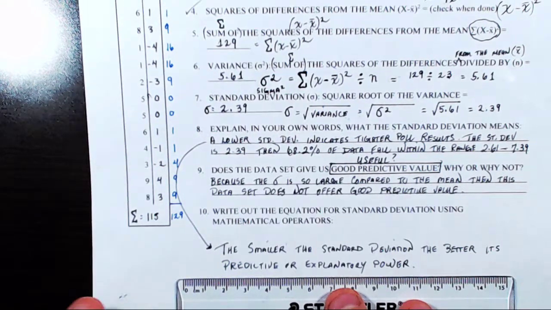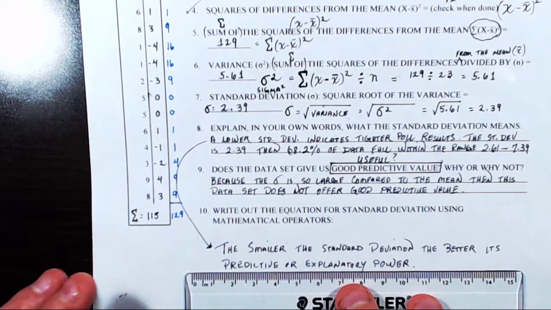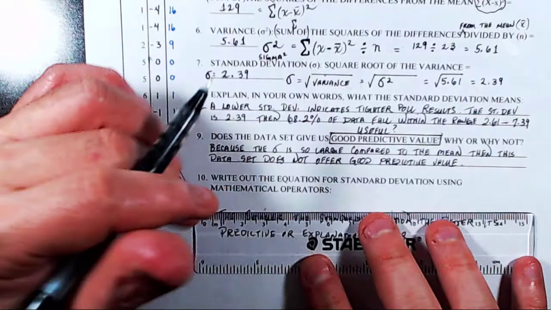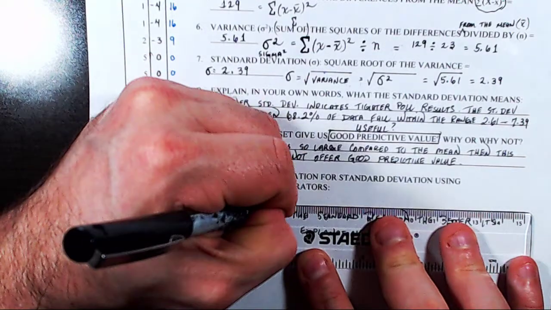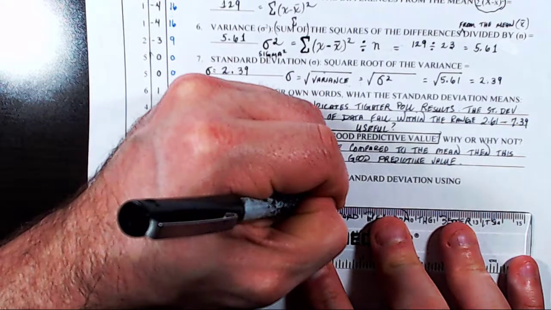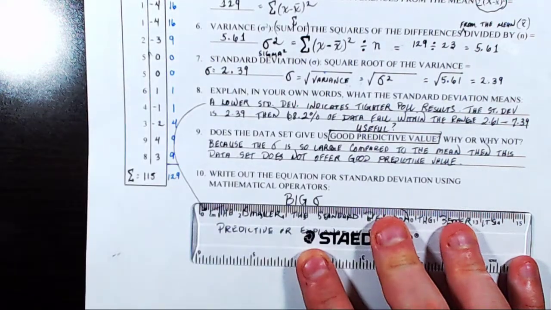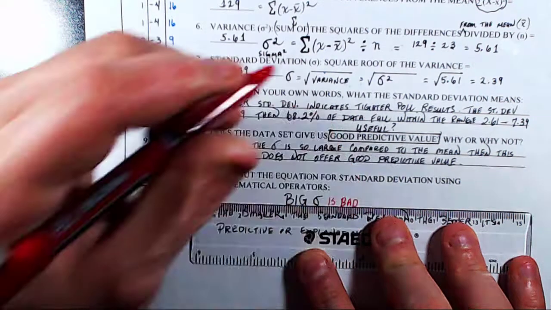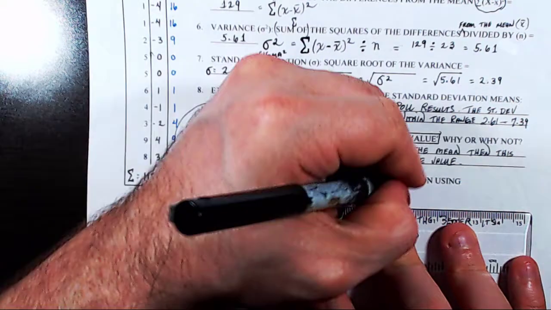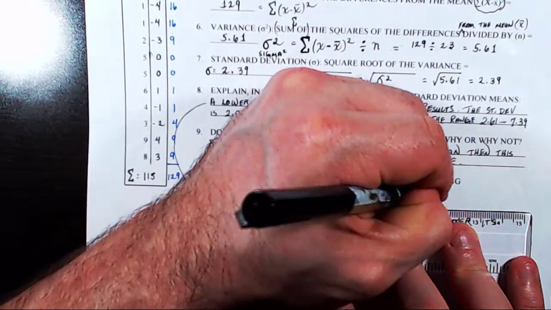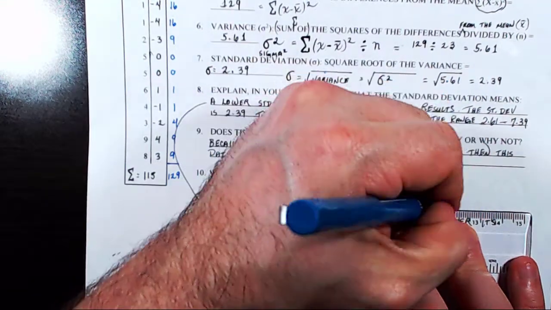So if we're really going to be reductionist about this, we could say big, bad, small, good. So I'm actually going to write that. Big sigma is bad. Small sigma is good.